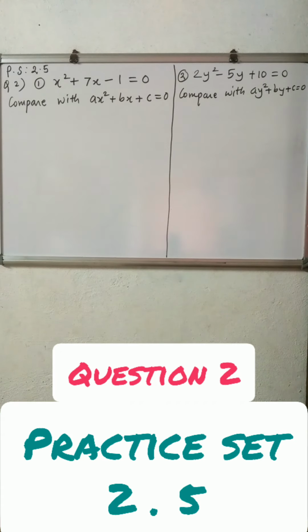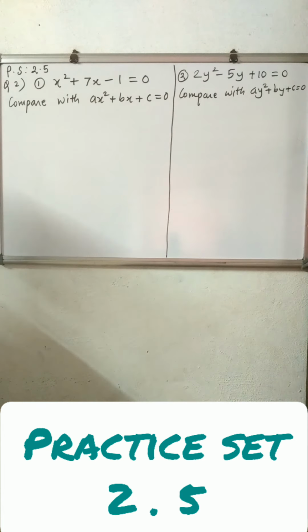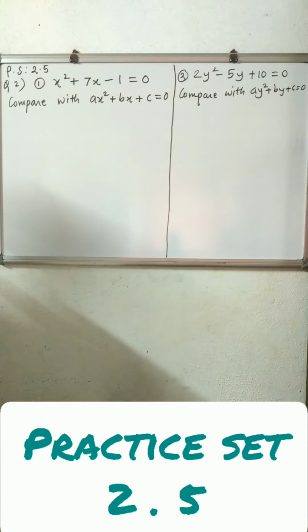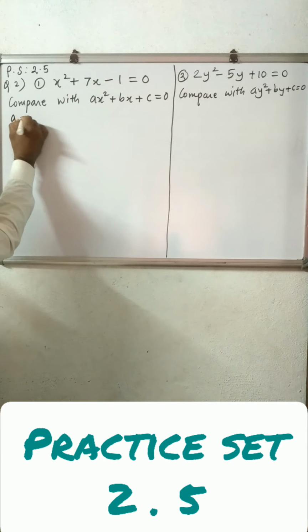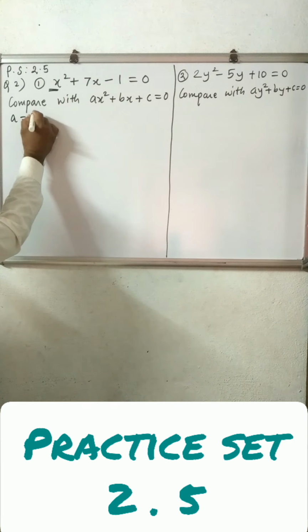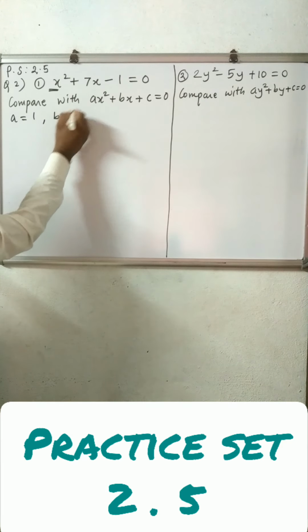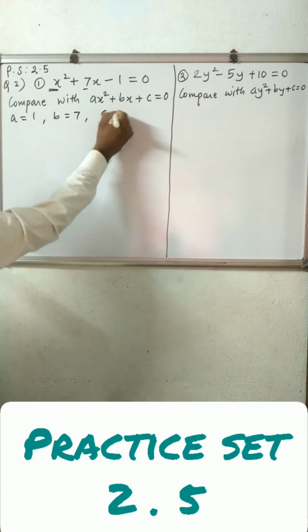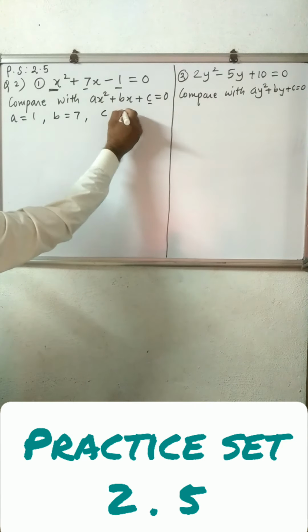Practice set 2.5. Question number 2, first example, find the value of discriminant. So x square plus 7x minus 1 equal to 0. Compare with x square plus bx plus c equal to 0. Here coefficient of quadratic term a is 1, b is 7 and c is minus 1.